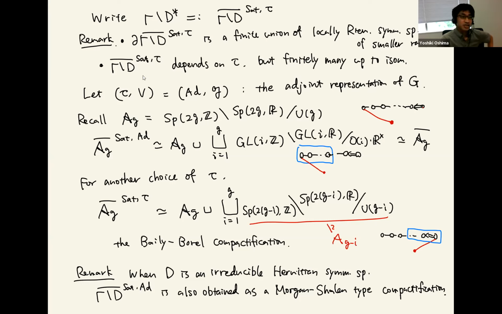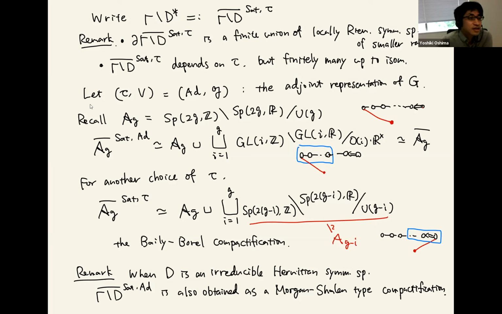There are infinitely many choices for tau, but there are only finitely many compactifications up to isomorphism. So for many different tau, it becomes isomorphic. But it depends on tau. These compactifications are given in terms of root datum, but we do not go into the details for this.